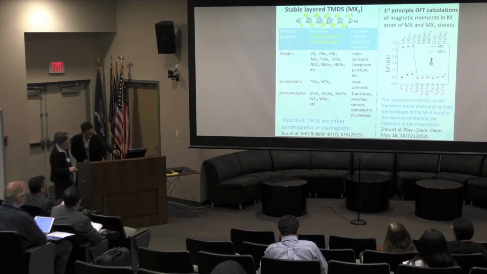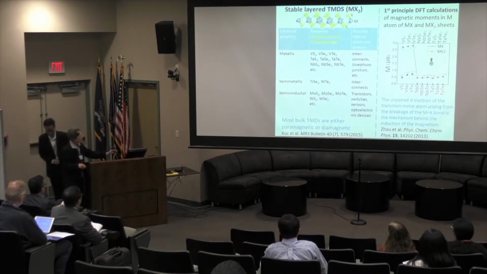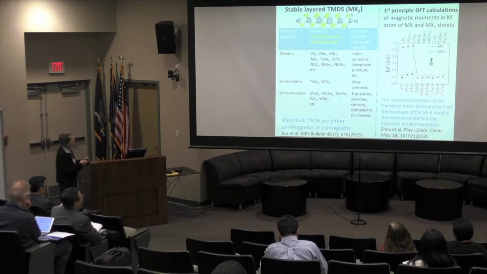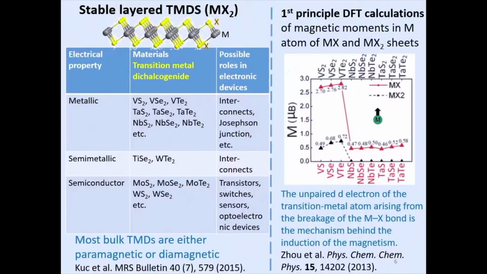in these three cases, there is a magnetic moment, mu sub B, the Bohr magneton, around half a Bohr magneton. So people are interested to measure VS2 or VSe2 and see if they have real magnetic property.